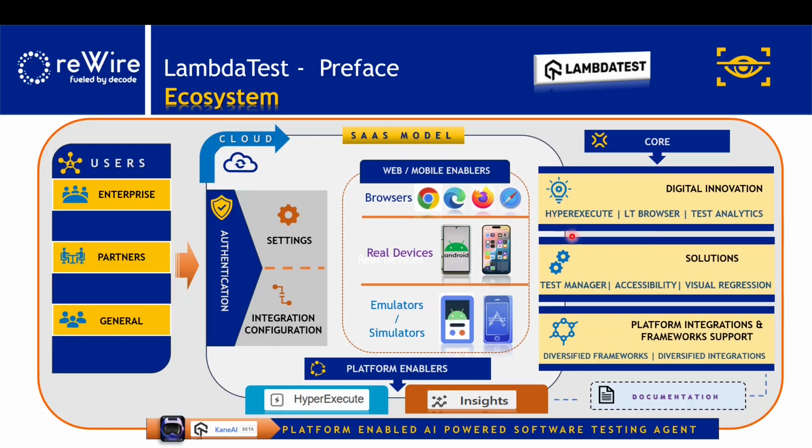The first one is HyperExecute. This component is mainly used for execution purposes. Suppose you have built a suite, but it has to be run on multiple browsers and in parallel. In such a case, if you compare with local, you have to configure everything and do it from end to end.